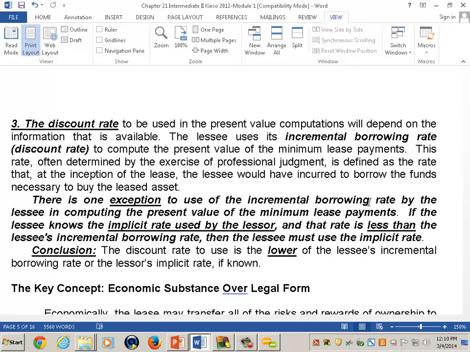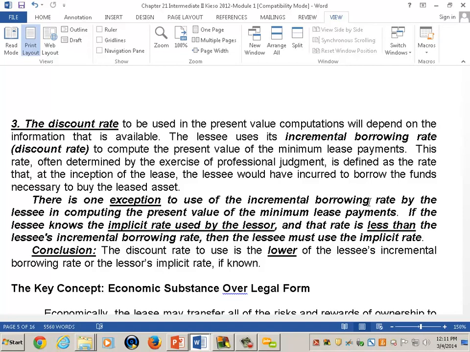Now, there is an exception, and that is if you know the rate implicit in the lease. One of the things you'll see is that you don't always know the rate implicit in the lease. Take a look at lease contracts. They may not specify the interest rate. There's so many things going on in the lease. You've got the cost, the gross profit, and the interest. And sometimes the dealer might say, all right, I'll give you the car for less money. But what you don't realize maybe is that you're paying more interest on the lease. So sometimes it's not transparent.